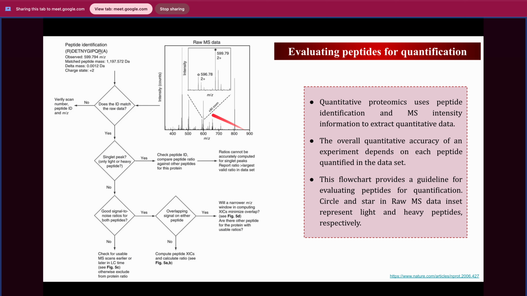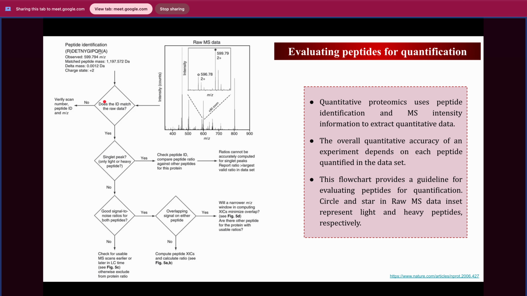In this, they have mentioned a protocol: after the peptide identification, you check whether the ID matches the raw data. This is the raw data obtained after mass spectrometry analysis. There are two peaks, one at 596.78 and another at 599.79. You have to identify which are the light and heavy peaks.